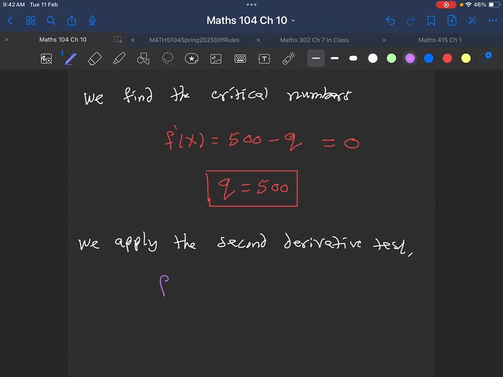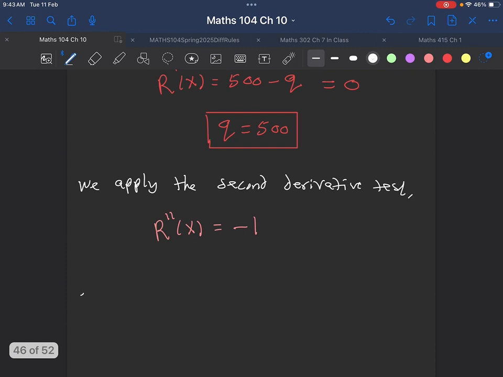Now, what is the second derivative test? We need to find, sorry, this is not F, it should be R. Second derivative test means R double prime of X, and that would be just -1. Next, we need to substitute 500 inside the second derivative.